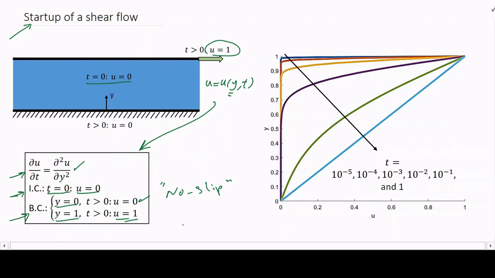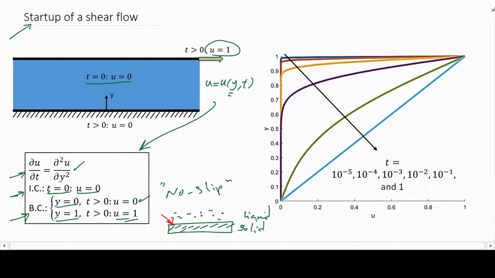What it means, basically, in the context of fluid mechanics, is that whenever you have a solid right next to a liquid, right at the interface of the solid and liquid, the liquid and solid are going to have the same speed.